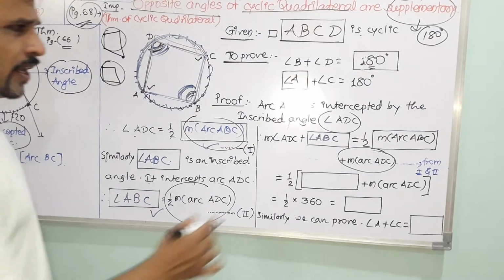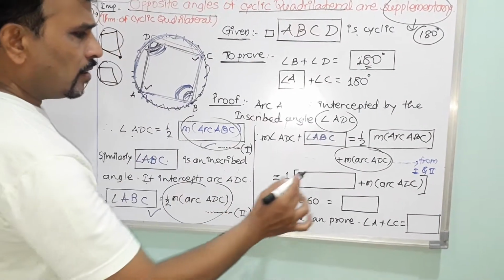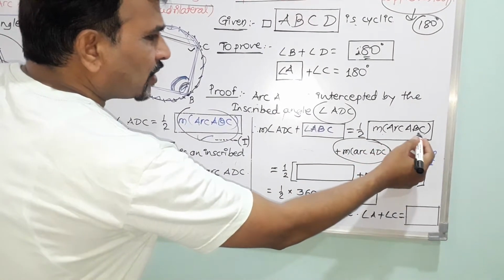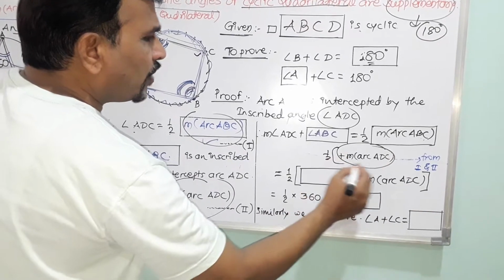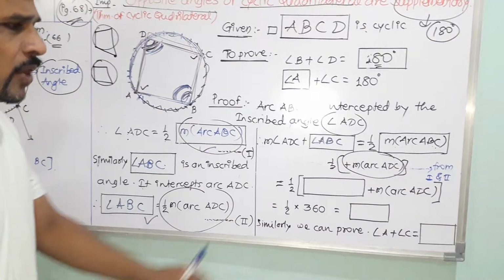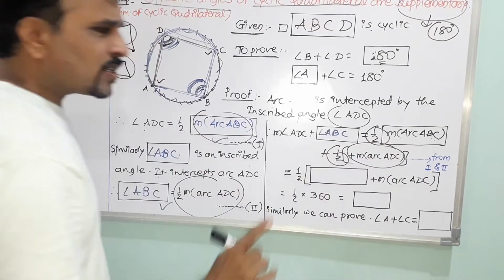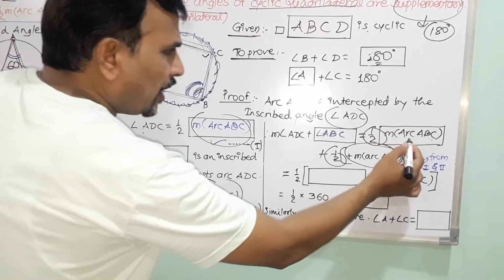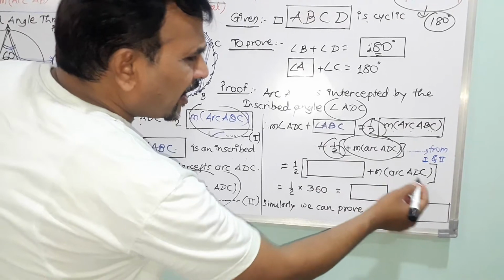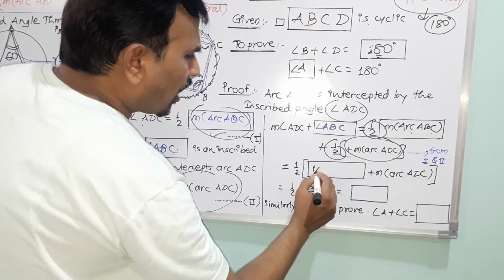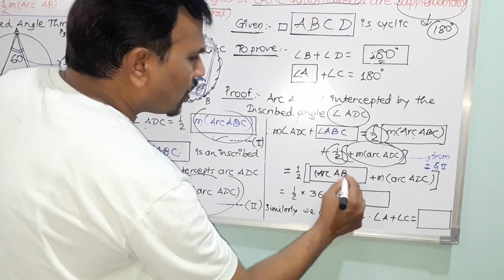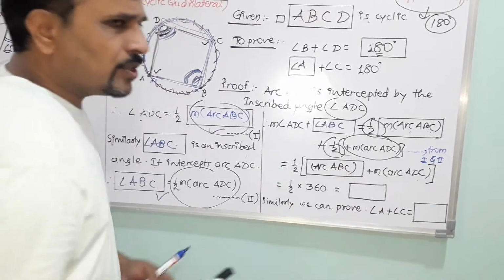Both are half, so we are taking half common here: half into major arc ABC plus half into major arc ADC. Taking half as common, this 1/2 is common, times arc ABC plus arc ADC.